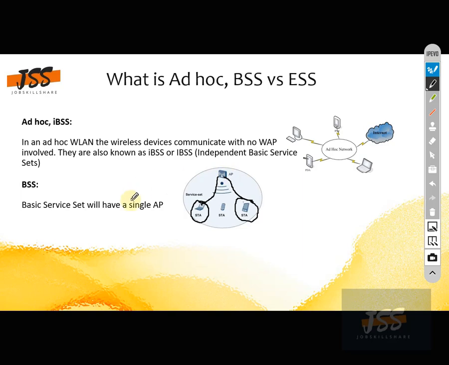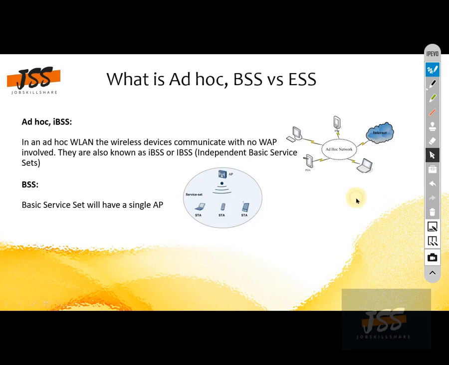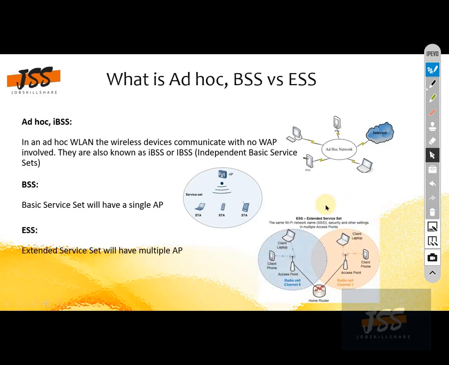Okay, so this is known as a basic service set. Then we have ESS, which stands for extended service set. It is nothing but using more than one access point in our network infrastructure. This is known as ESS.